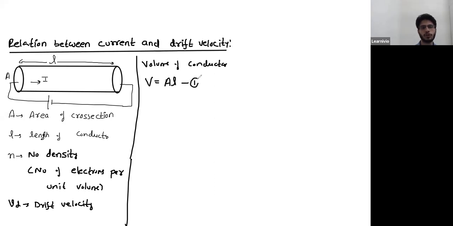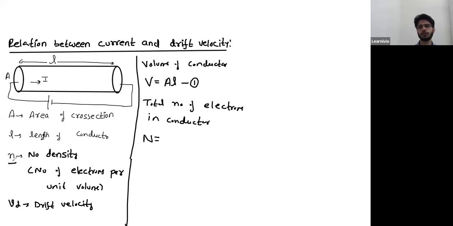That's first equation. Fatma, if number density, number of electrons per unit volume is small n, then how much is total number of electrons in the conductor? The total volume is this and number of electrons per unit volume is this.